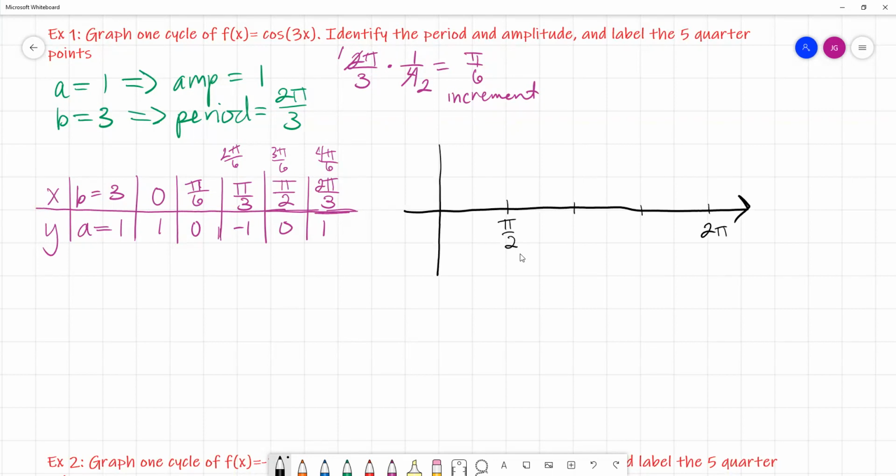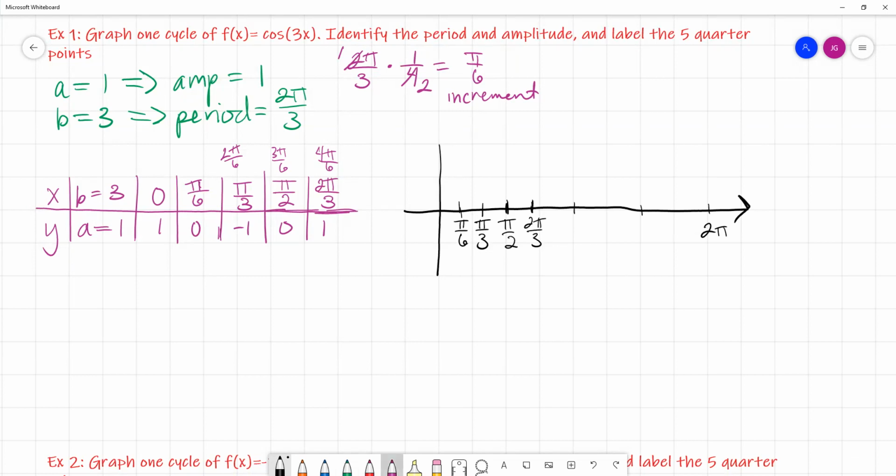So 2 pi over 3, if I divide this up correctly, is right about here. And then pi over 3 and pi over 6 is right here. So pi over 6, pi over 3, pi over 2, 2 pi over 3. We know that these always have to be the same distance away from each other, because that's the point of our quarter points. They cut up our graph into 4 equal pieces.